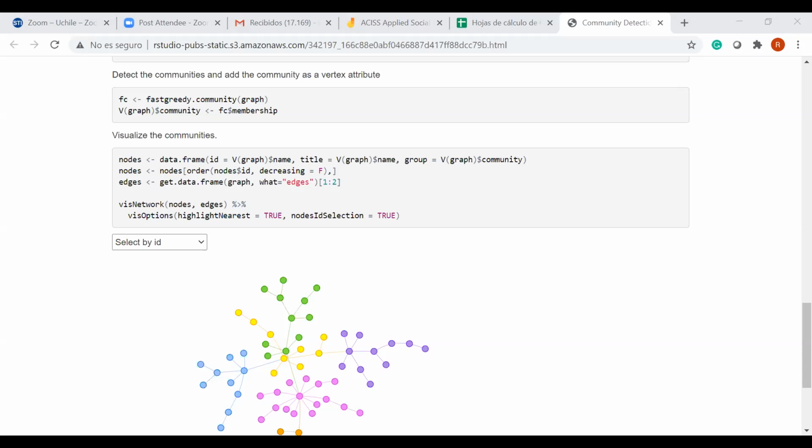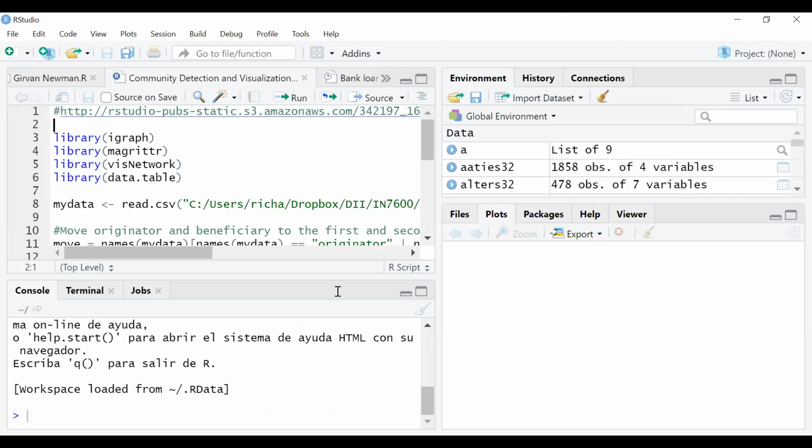here in RStudio. Let me share this screen. So you can see now the screen with my R interface. RStudio? Yes or no? Yes, we can see. Yeah, so what you can see here is the first, sorry, the first line, that's just the web page.